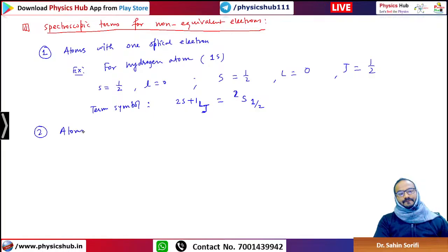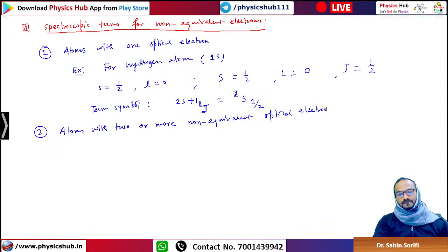Atoms with 2 or more non-equivalent optical electrons. For example, one electron from 4p, another electron from 4d.